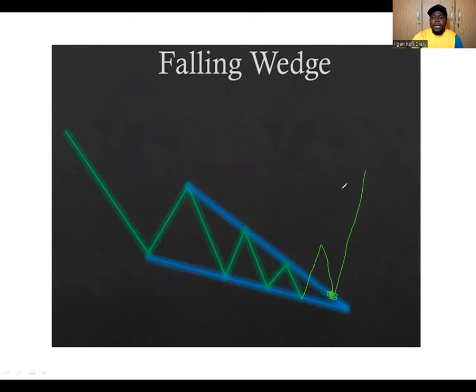Now, with the falling wedge, there are also those who want to take their trade here. Once they see this here, they will want to take the trade here rather than waiting for it to break and come back and test. Any which way you can make profit. But the most important thing is, if you are going to be taking your trade over here, then you should wait to see some prints.